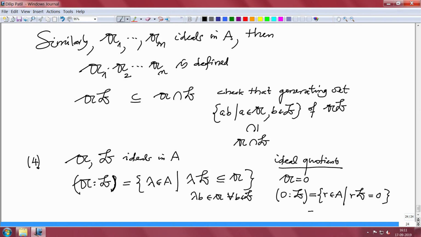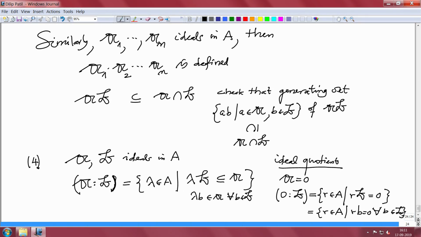That means these are all elements r in A such that rb is 0 for every b in 𝔟.